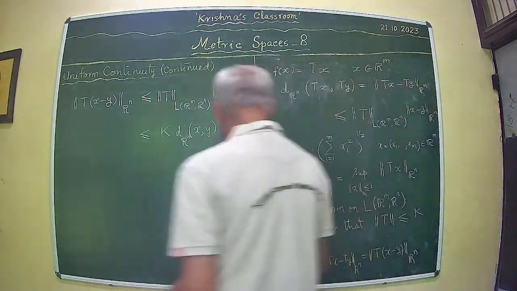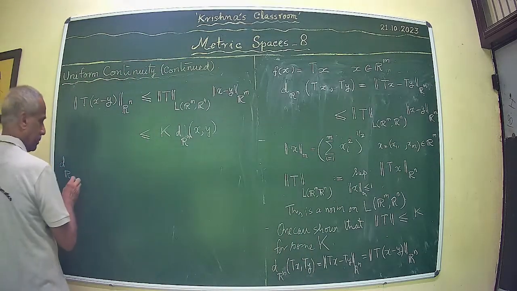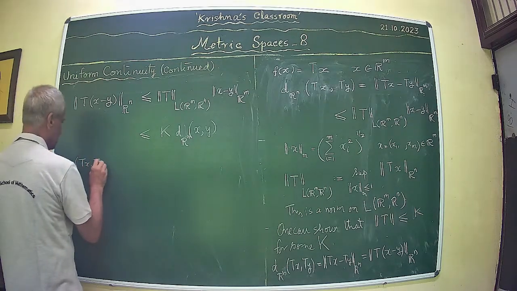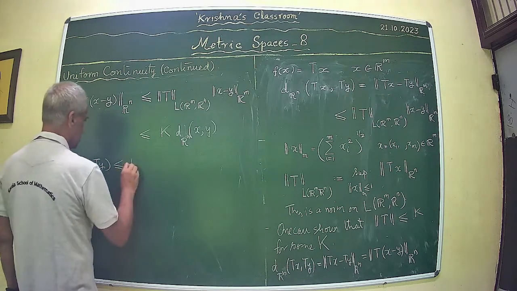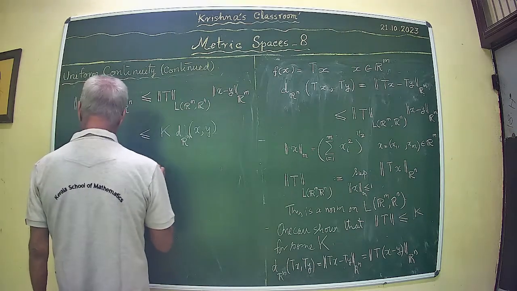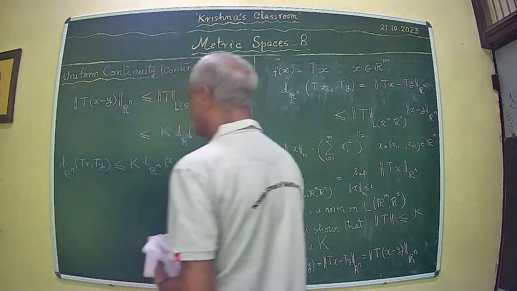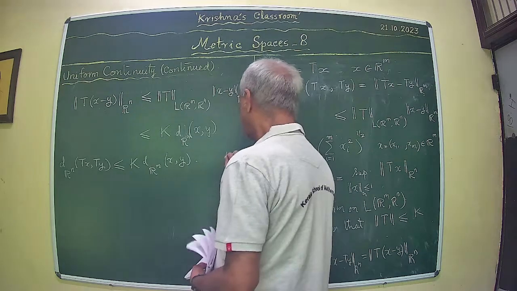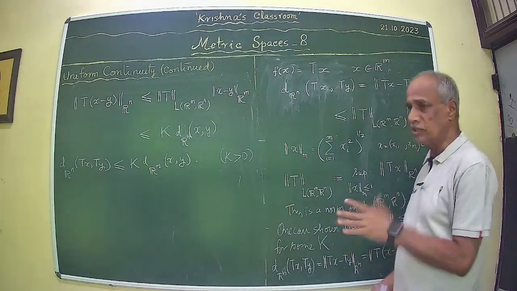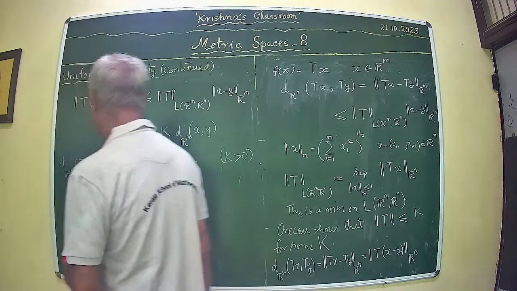So we get the following result: d on Rm of T(x), T(y) is less than or equal to k times d(x, y). So k is some positive number because the linear transformation, all linear transformations from Rn to Rm are bounded linear transformations.